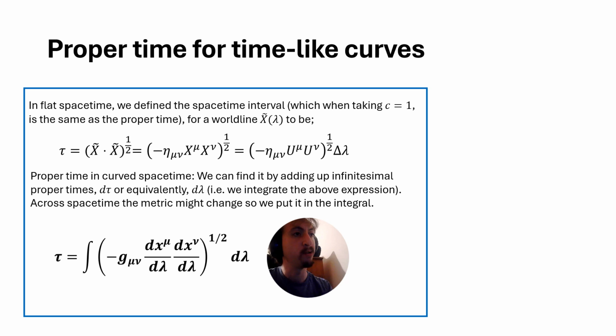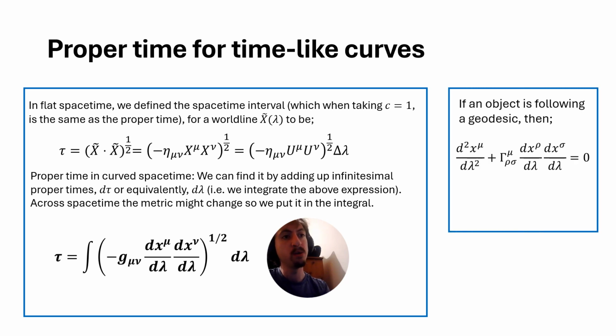reintroducing our geodesic equation. So our geodesic equation is this equation here, and you'll notice one really interesting thing is that both our general equation for proper time that had nothing to do with geodesics and our geodesic equation contain the product of two four velocities, or the product of two derivatives of four position with respect to some parameter.